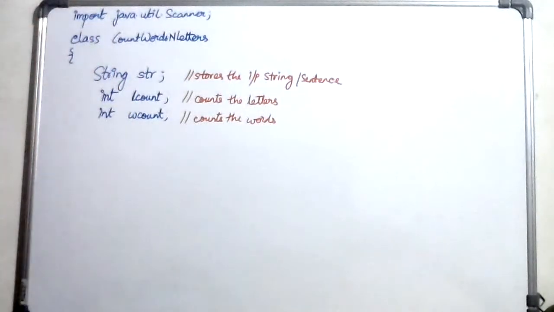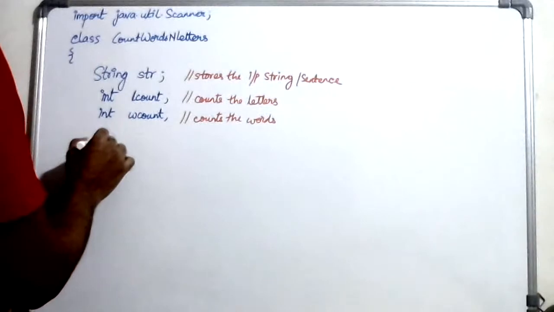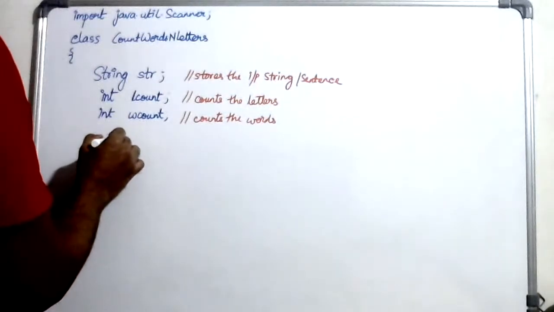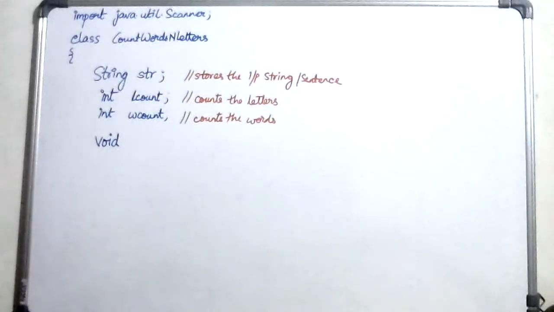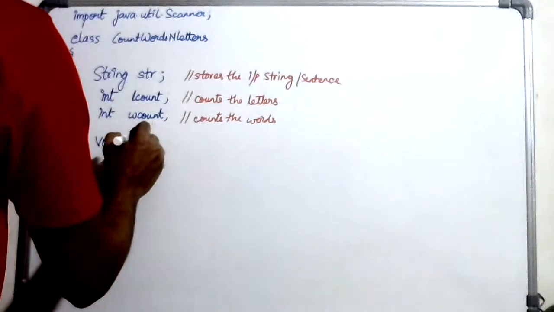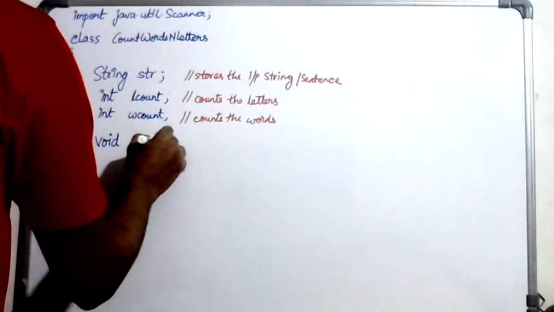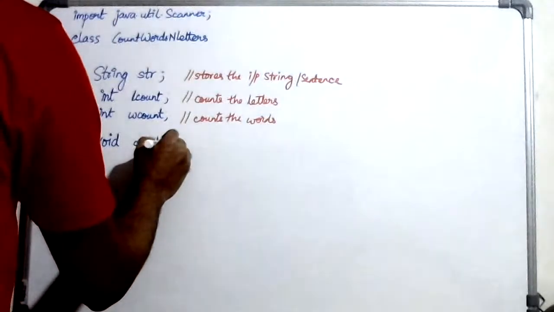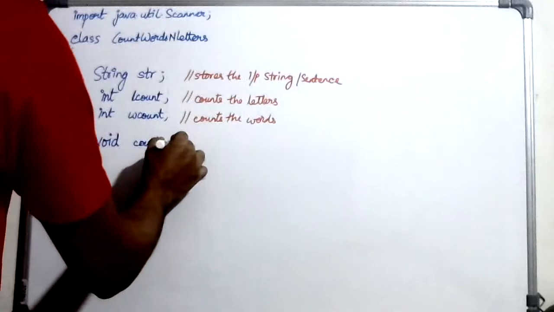Now we are going to write down the function. The function does not return any value, so it will be a void function. Let's call the function count w and l.